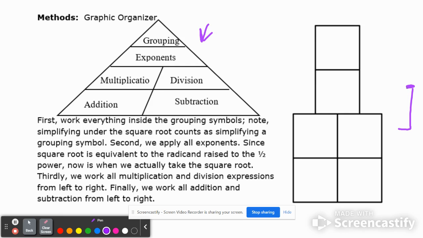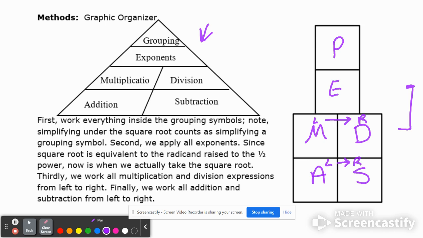Whether it's GEMDAS or PEMDAS, we fill this in, and it looks like a little hopscotch. P for parentheses, E exponents, M, D, A, S. And right here we emphasize that that's going to be left to right, depending on what's left over.